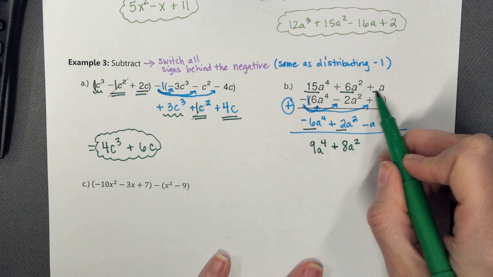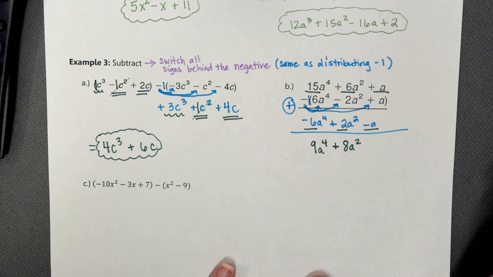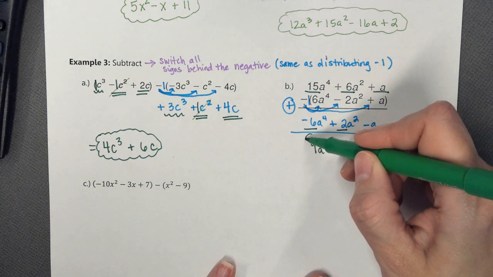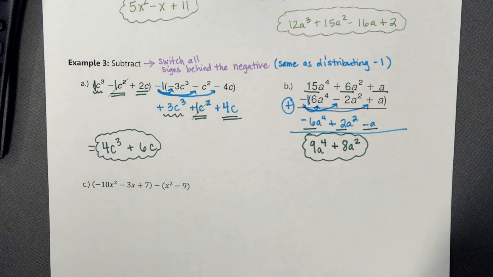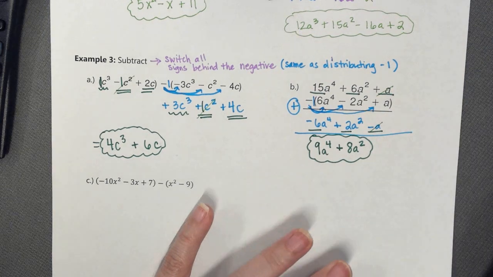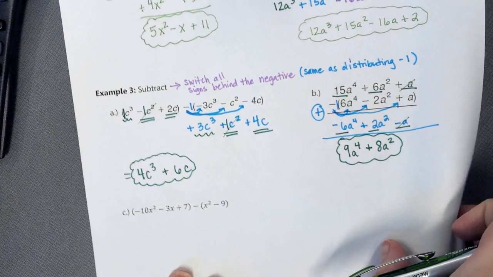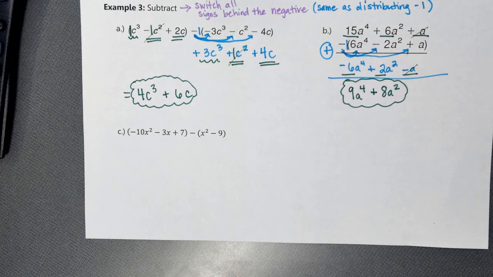And then look at this one. You have a minus a. So what happens there? If that makes 0, you can cancel that out. And then we just have this last one here.